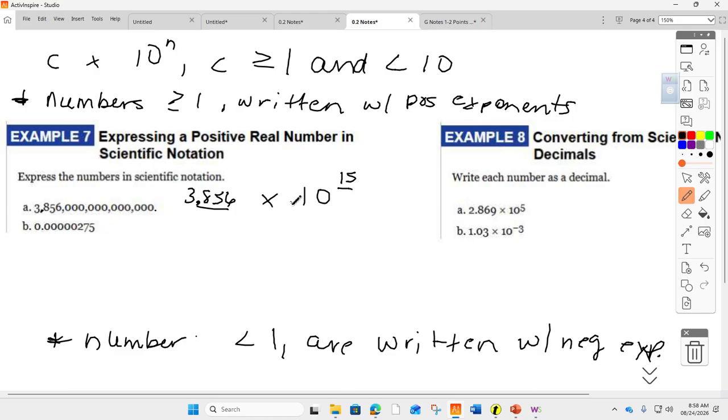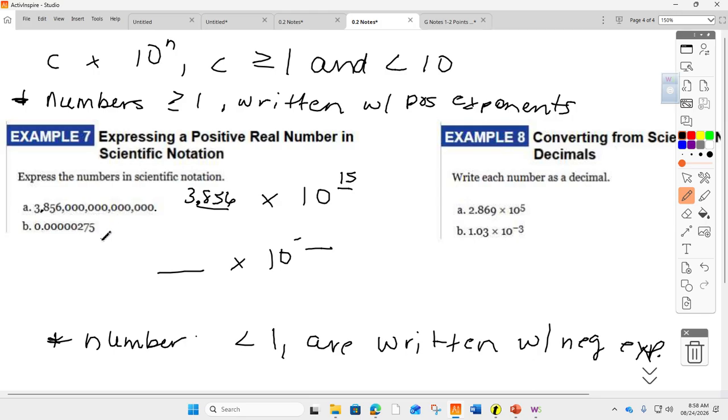A positive exponent means the number we started with is greater than or equal to 1. We know this next one is going to have a negative exponent because it's 0 directly to the left of the decimal point. So it's going to be some number times 10 to some negative power, right? Starting here, how far do we have to move our decimal point to get a number that falls within that range?